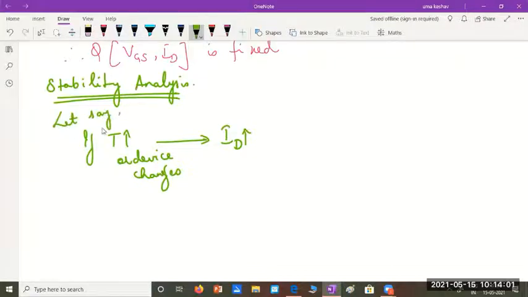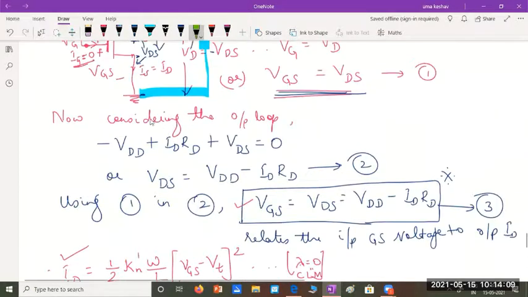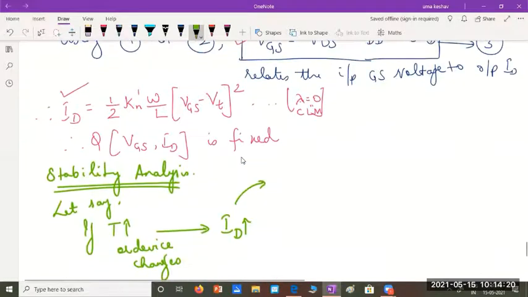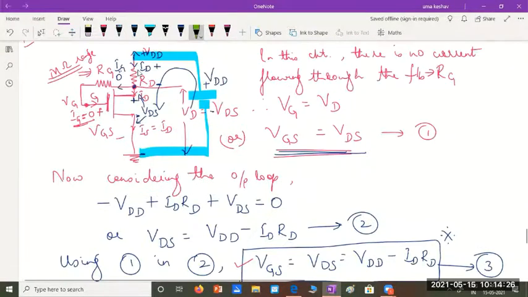Let's say, so if this happens, if ID increases, what happens? Which drop increases in this circuit? There is only one drop, that is drop across the resistance RD, through which this current ID flows. So the drop ID RD increases, right? If ID increases, the drop across this resistor ID RD increases.